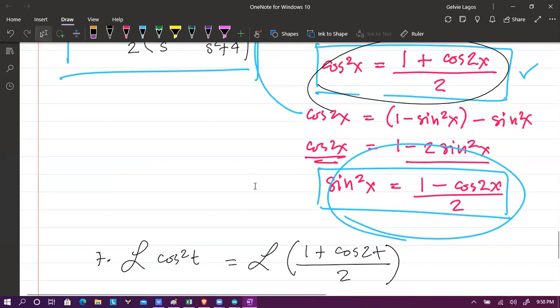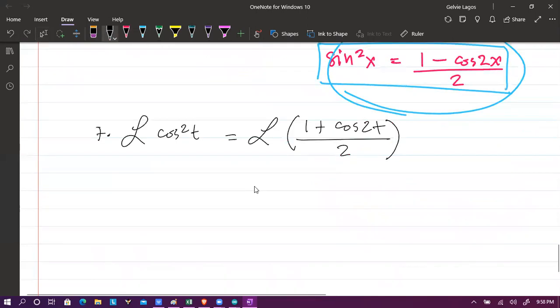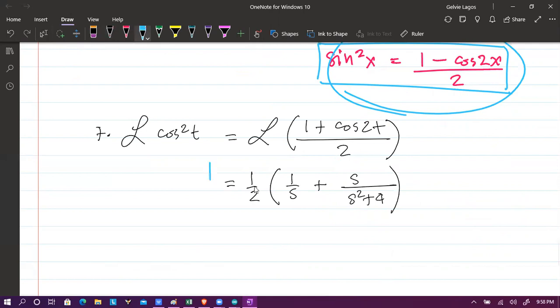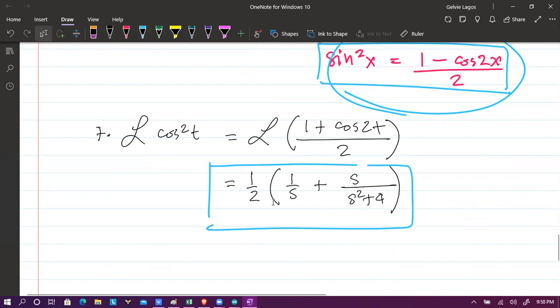To start taking the Laplace transform, we take out 1/2 and take the Laplace transform of each term, which is 1 over s, and then s all over s squared plus 4. So this is the Laplace transform of your cosine squared t. That's it for cosine squared t.